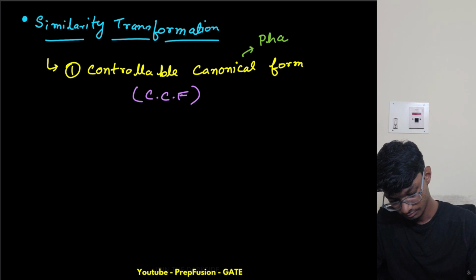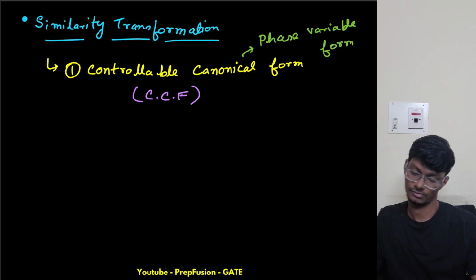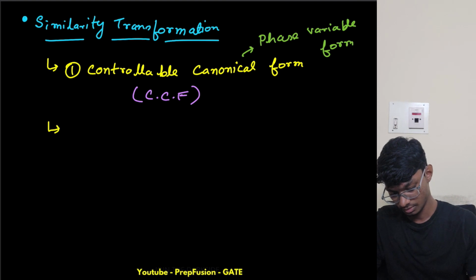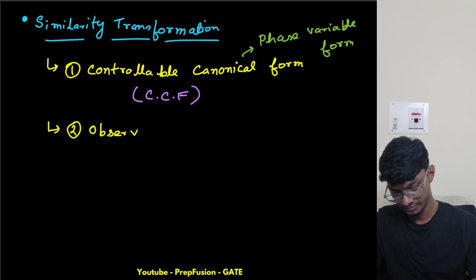Phase variable form. Okay. Now what is the second form? So the second form is observable canonical form.